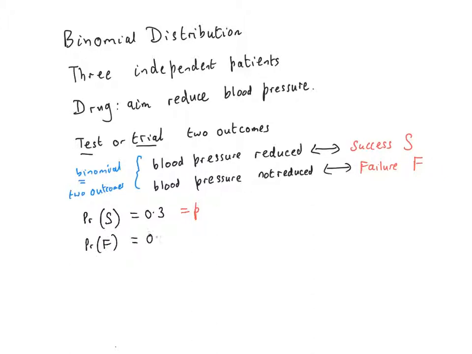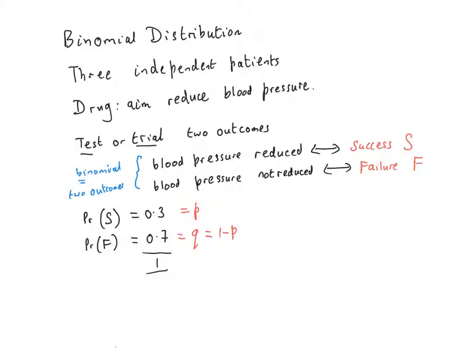That's because the outcome can be either a success or a failure, so those two must sum to 1. And in general, we're going to denote the probability of failure by Q, which equals 1 minus P. So we introduce some notation. We've got S for success, F for failure, P is the probability of success, and Q is the probability of failure.